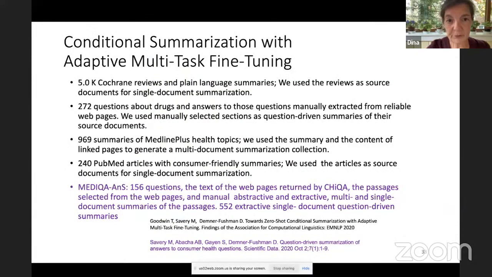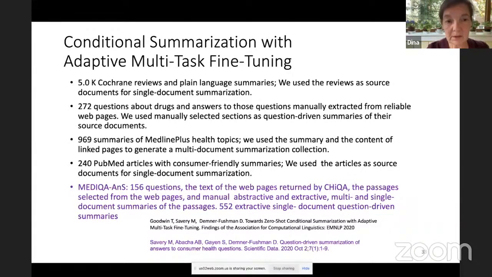We then also moved on to see if we can use these systems. That was some experimental result on the collection that we prepared manually. What if we just use the collection that we prepared manually as a test set and train on the publicly available resources?